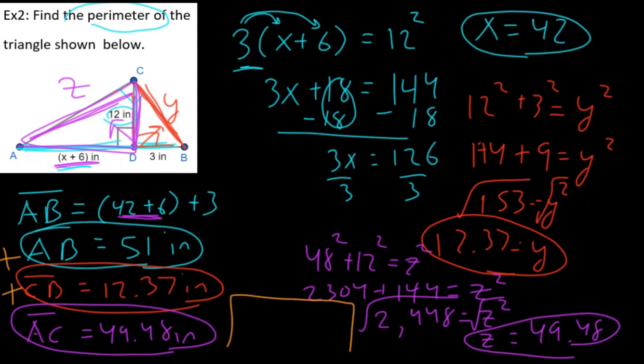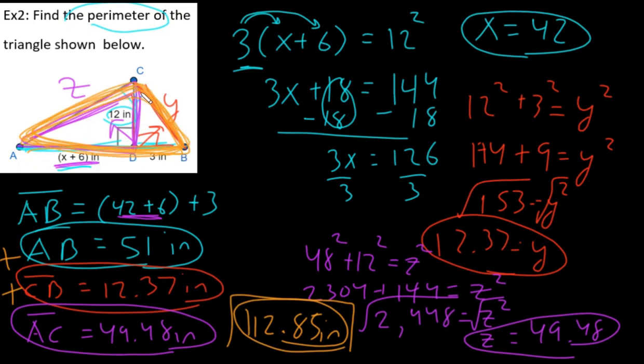This will, of course, give us the answer, which is 112.85 inches. And what is this number that is our answer? It's the perimeter. It's the distance all the way around the outside of this triangle. As you can see, I'm just drawing these multiple laps. That is how many inches around that triangle it is.